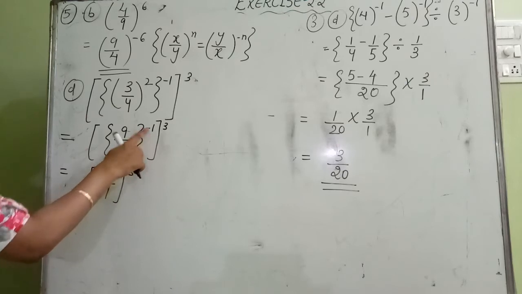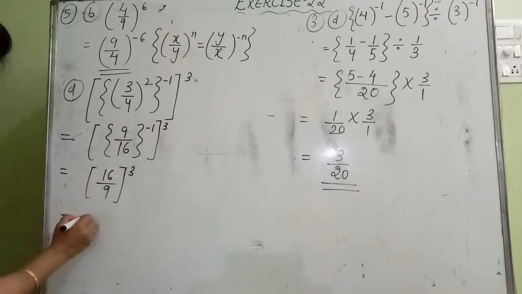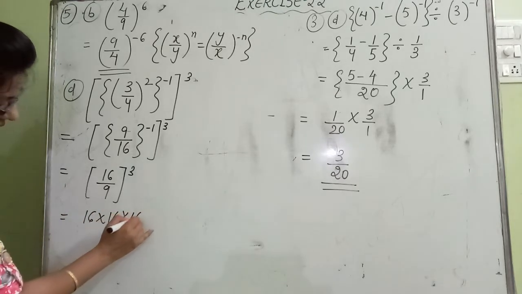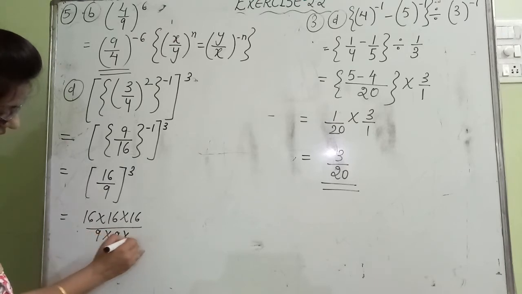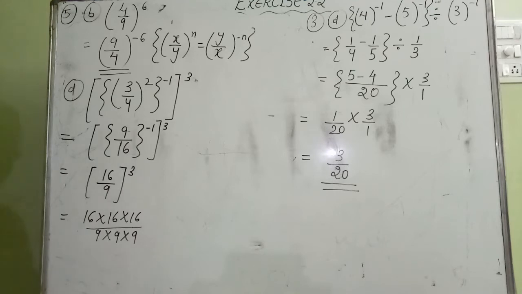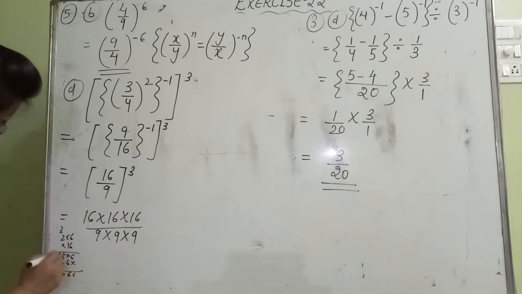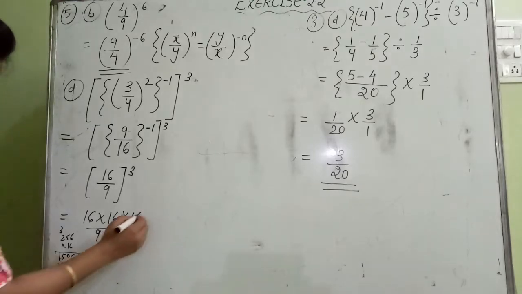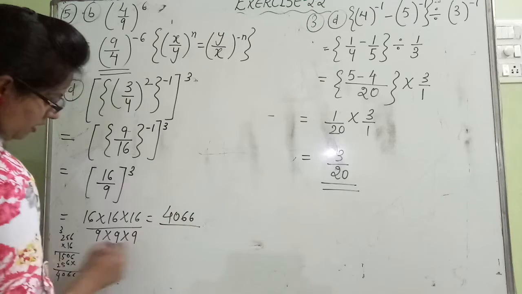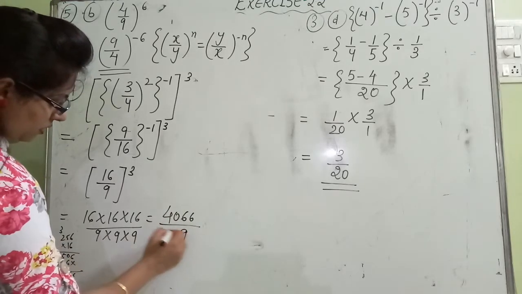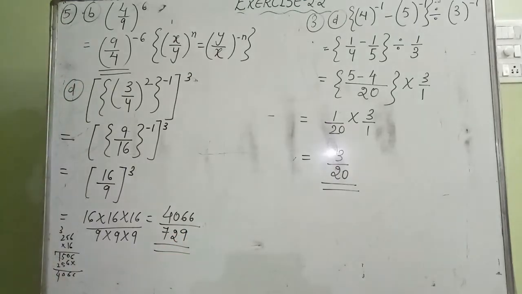Now we will convert it into positive and it will become 16 by 9. 16 into 16 into 16 by 9 into 9 into 9. 16 into 16 is 256 and 256 into 16 will be 4096. 9 nines are 81. 81 into 9 will be 729. So this will be the required answer.